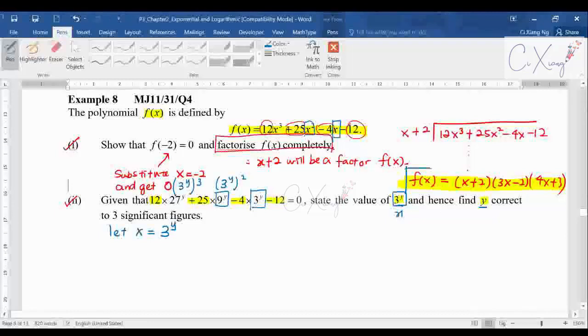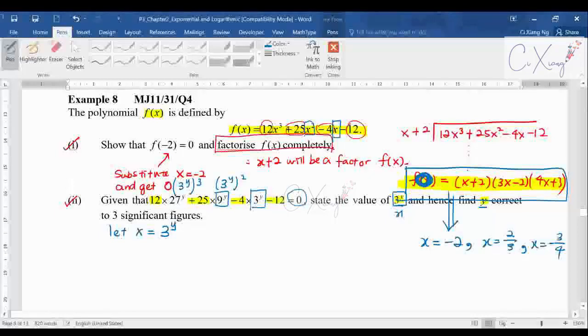From the answer in part 1, if you let f(x) equal 0, then x equals -2, x equals 2 over 3, and also x equals -3 over 4, because now the whole thing equals 0. So that means in part 2, I have 3^y equals -2, 3^y equals 2 over 3, and also 3^y equals -3 over 4.